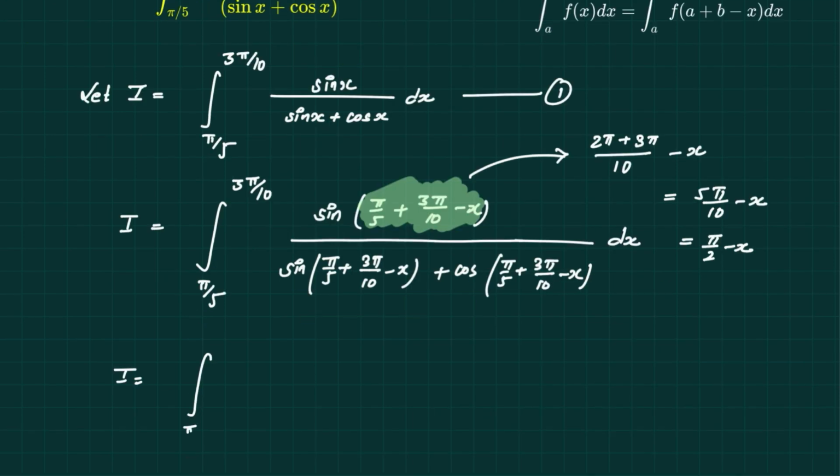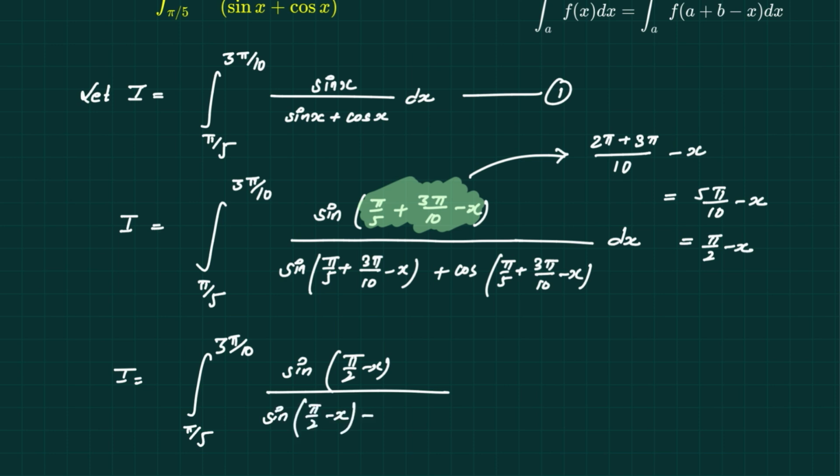integration from pi over 5 to 3 pi over 10 of sine of, simplifying the expression, pi by 2 minus x, whole divided by sine of pi by 2 minus x plus cos of pi by 2 minus x, dx.